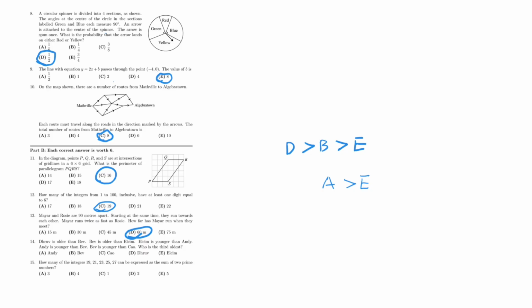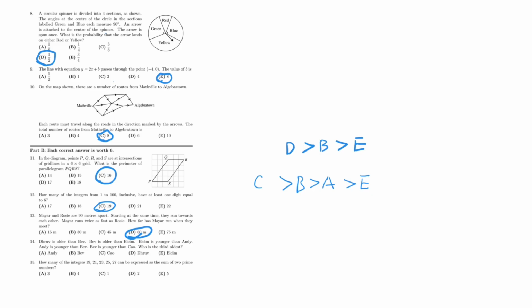And Andy is younger than Bow. Bow is younger than Cao. So that's younger than C.